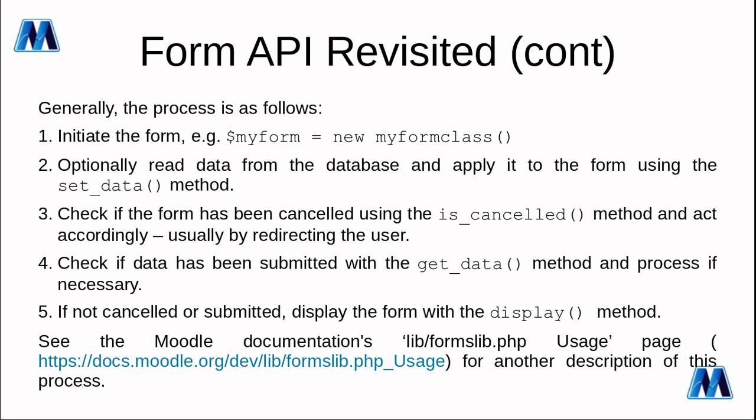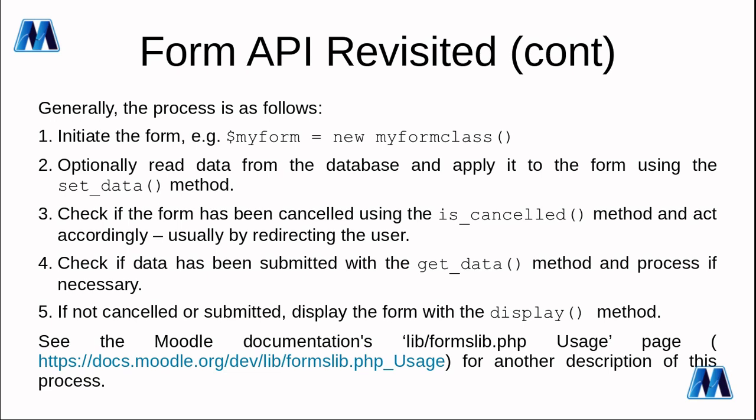So generally your process, working with the form, is you would get your form, as we mentioned in the first slide, and then optionally read data from the database and apply it to the form using set data. If we were going down that road, if it's being displayed for the first time, check if the form has been cancelled.